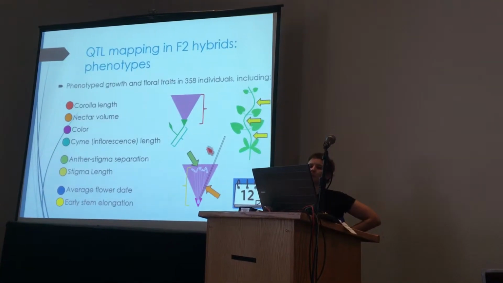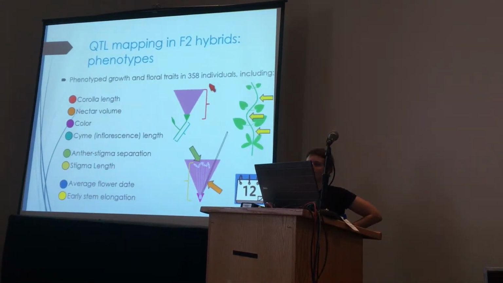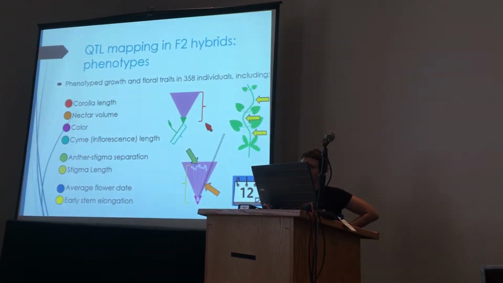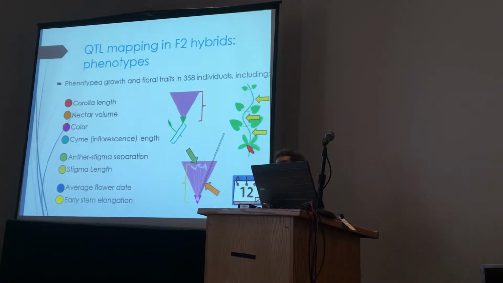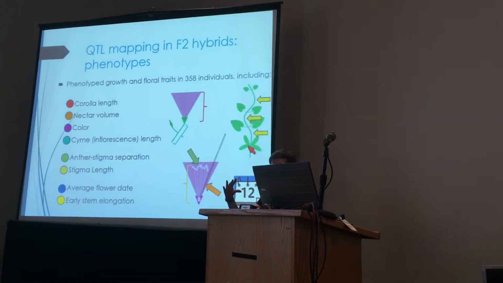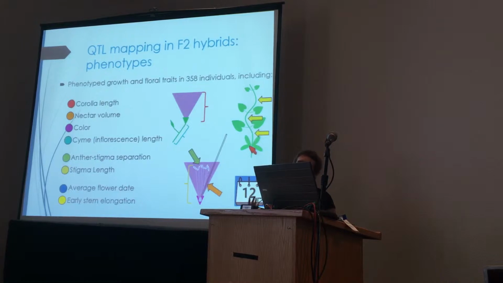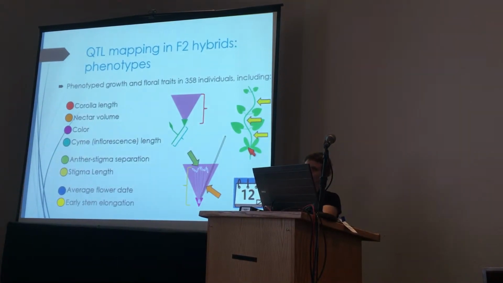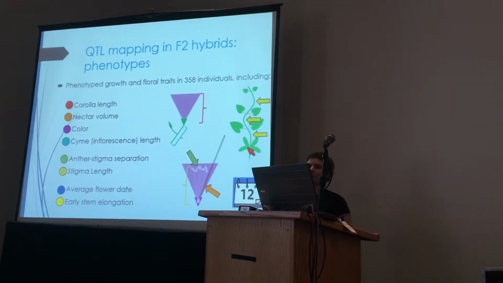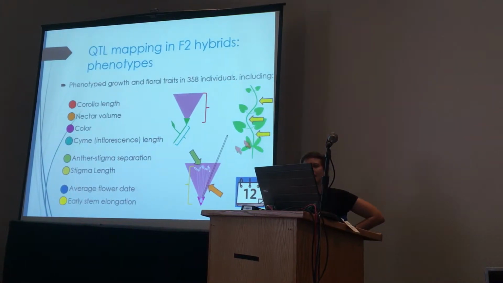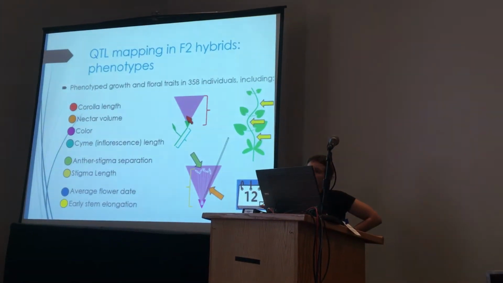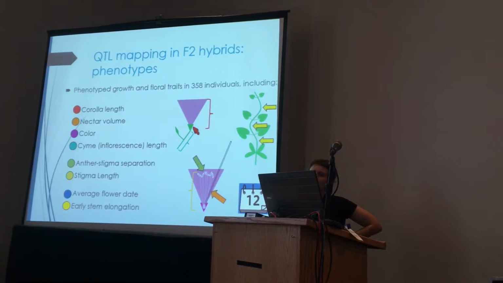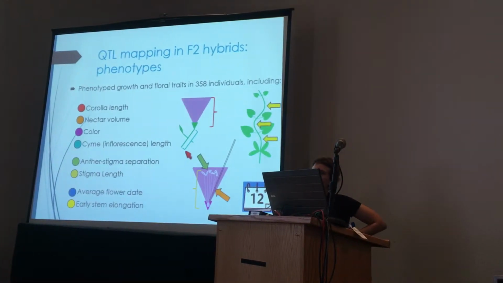The floral morphology traits we're looking at are how tall the corolla is and how much nectar it produces. You can actually stick a capillary tube in and suck the nectar out. Then there's how long the inflorescence it's borne on is.